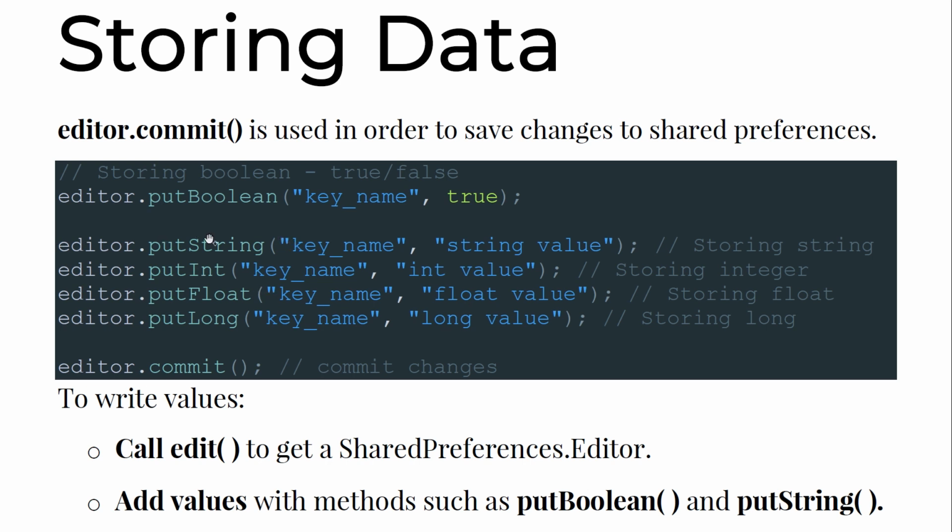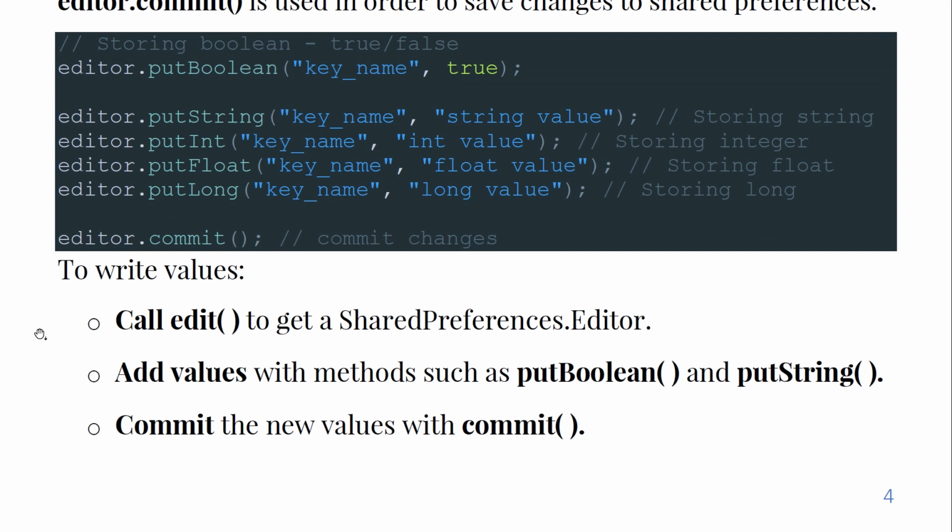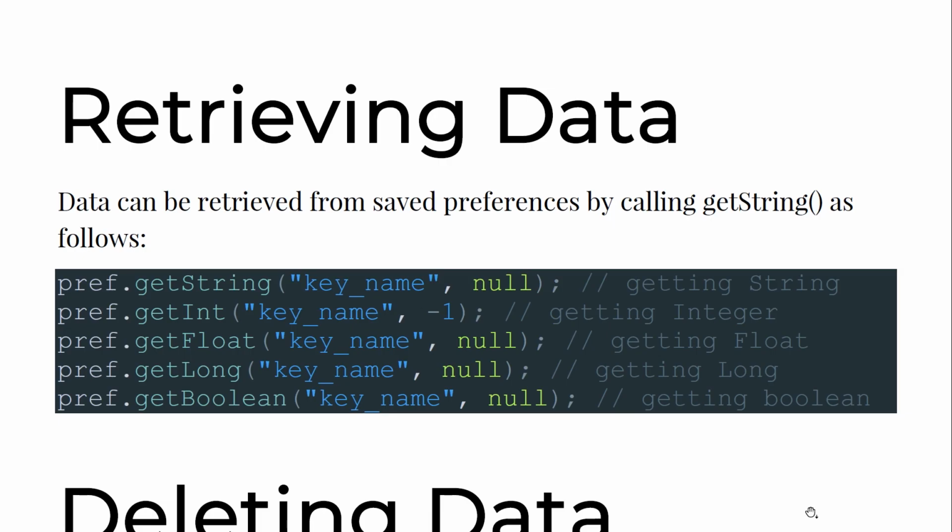After you have used one of these methods, or one or more, you need to commit the changes by the editor.commit method. To write the values, call edit to get the SharedPreferences.Editor, add values with methods such as putBoolean and putString, and commit the new values with the commit method.